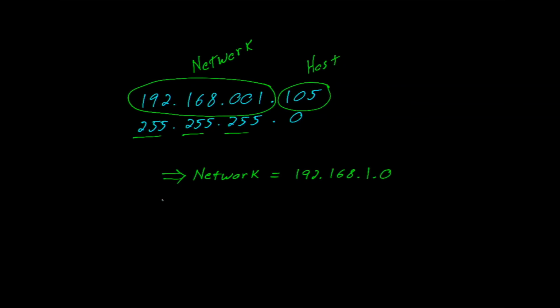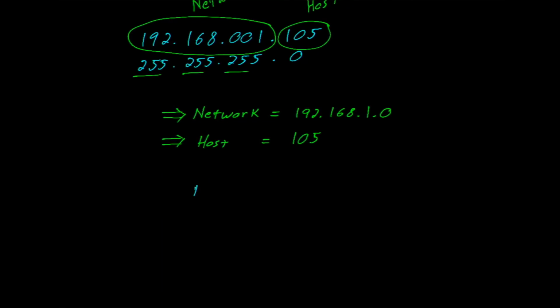The host is described as 105. In some places, you may see the network identified as 192.168.1.0/24. This 24 tells you how many ones are in the subnet mask.